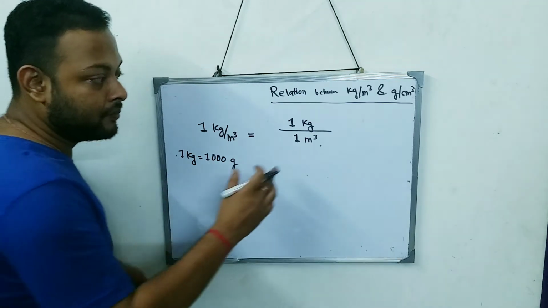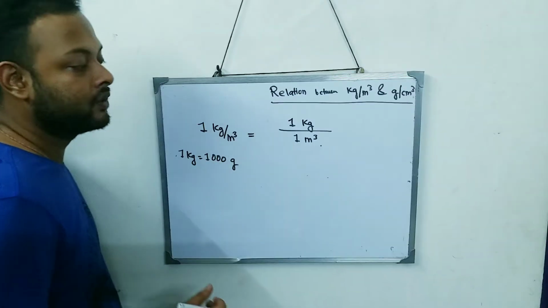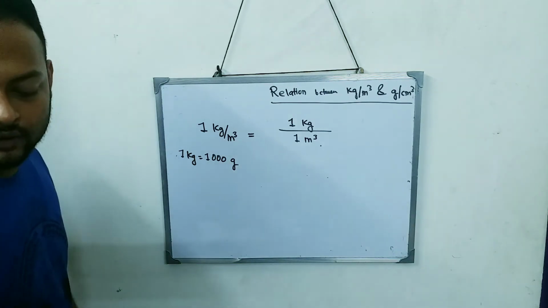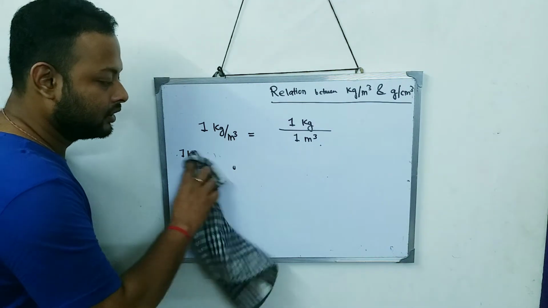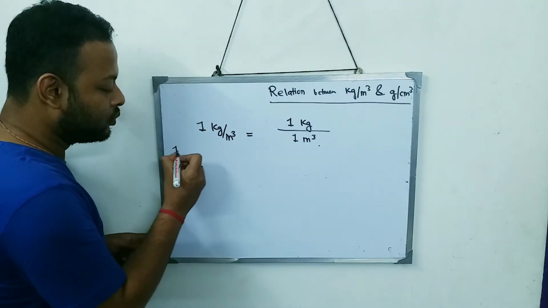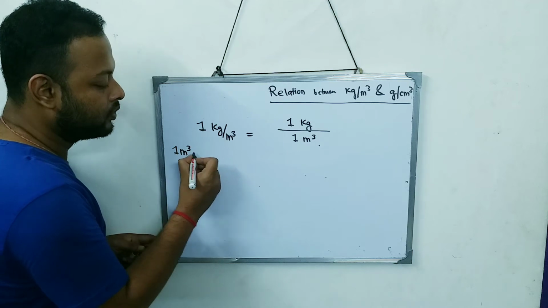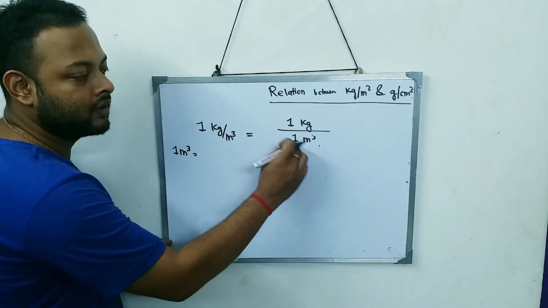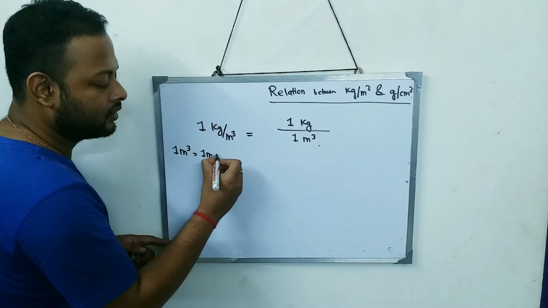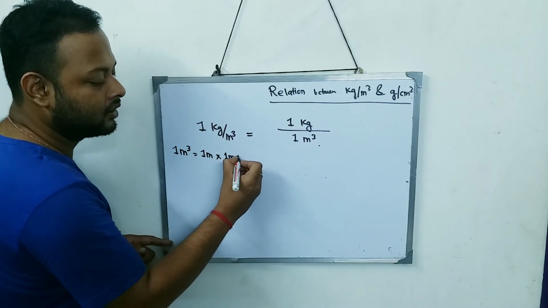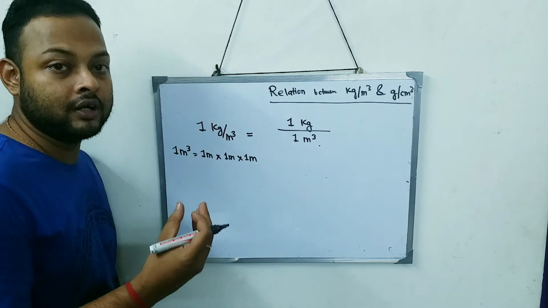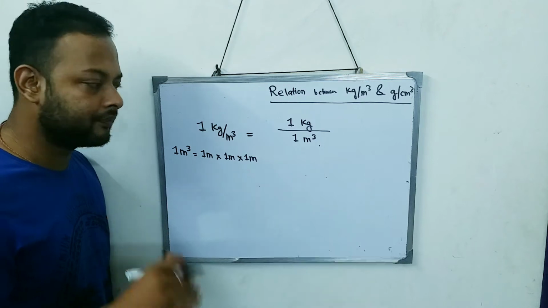But the important part is how much is 1 meter cube in centimeter cube. For that, pay a little more attention, because this is very important. 1 meter cube means 1 meter into 1 meter into 1 meter, right?